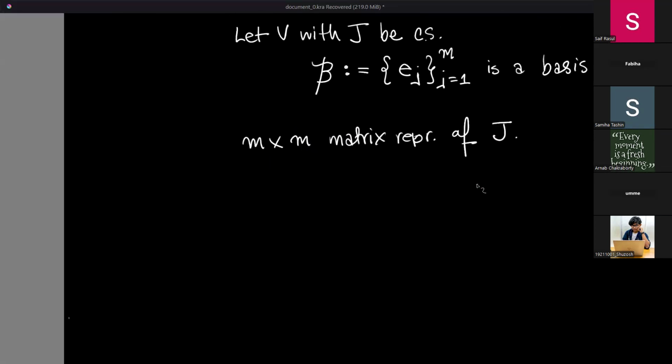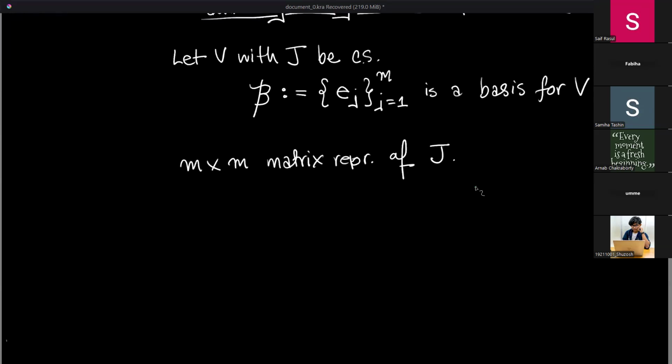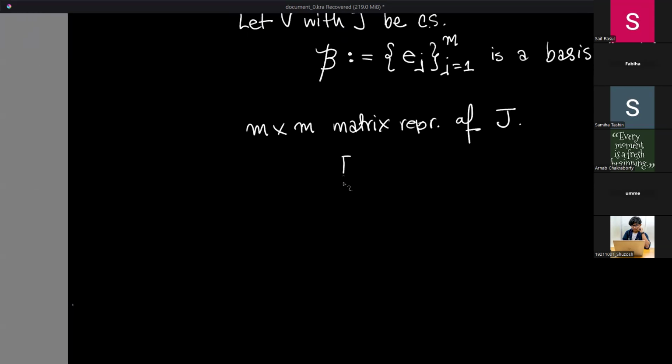And we're going to call this, so people don't usually do this, but I'm going to be very explicit about the notation here because I found it very confusing when I was reading through it. So I'm going to distinguish J, the linear map, and J, the matrix. When I talk about the matrix, I'm going to put it in square brackets.